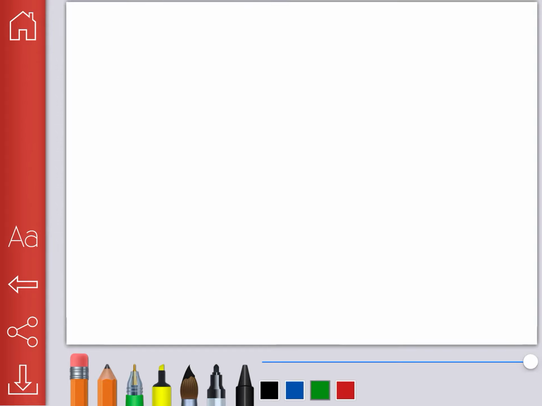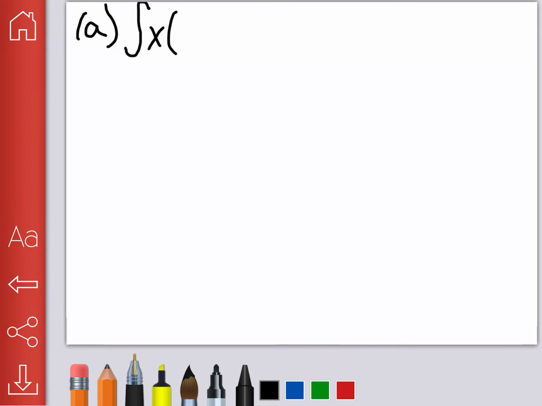Okay, so we are starting where we left off in the notes. We're on the try problem A. And it looks like x times x squared plus 1 to the 4th power.